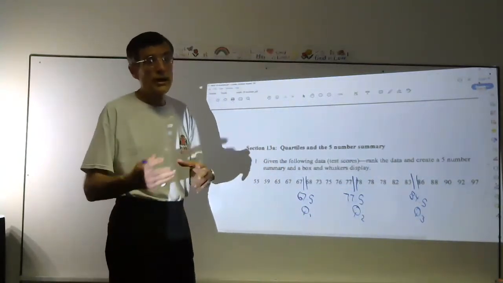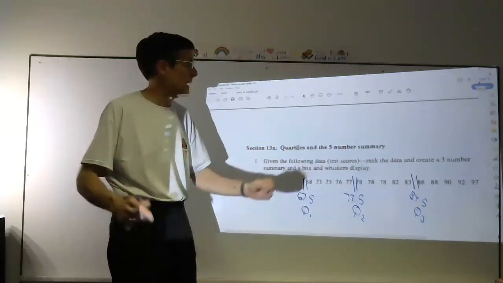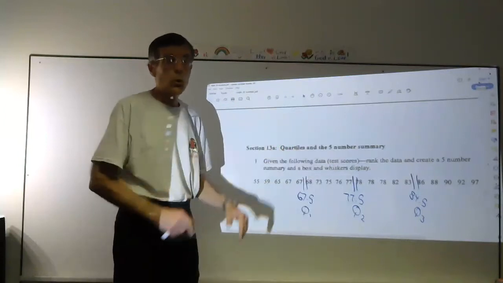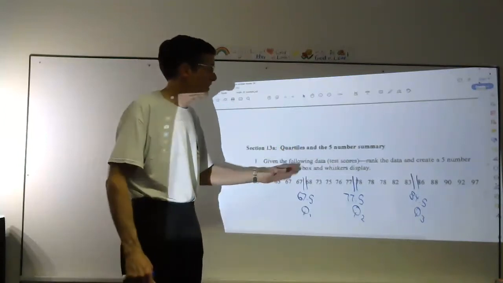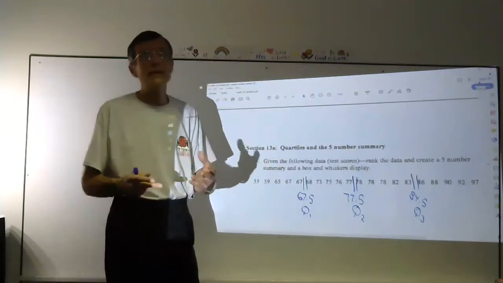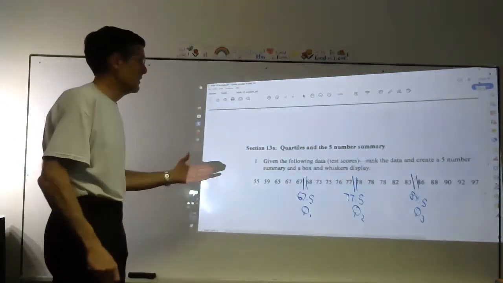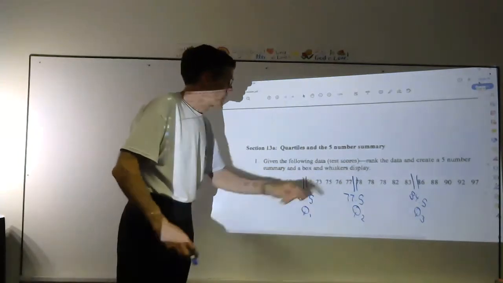Percentiles is what this discussion is all about. Quartiles divide the data into quarters, and it all stems from the median, not the mean. So this is now the quartiles.